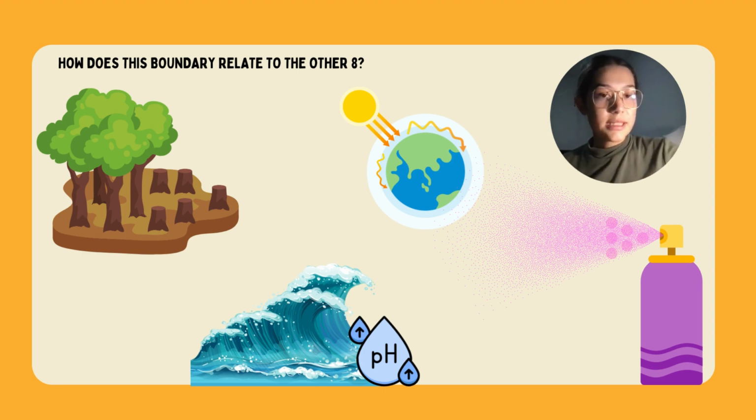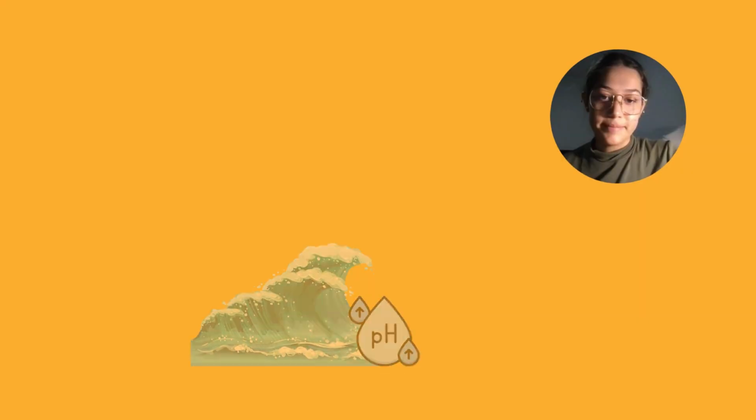So we can see how all the nine planetary boundaries are connected and how ours, as well as all the others, connects and relates to every single one of them.